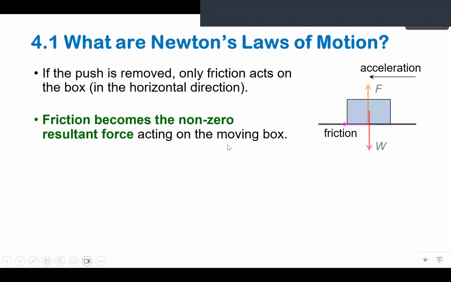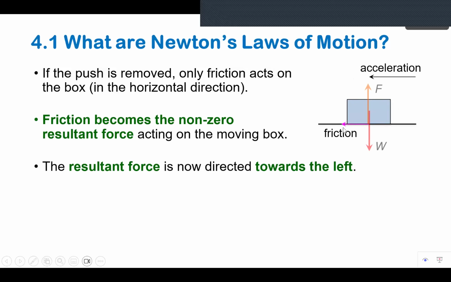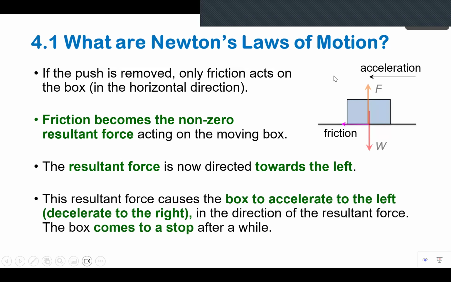If the box is moving to the right, the direction of motion of the box is to the right. But now my resultant force is to the left. And by Newton's second law, I know that if my resultant force is to the left, my acceleration will also be to the left.